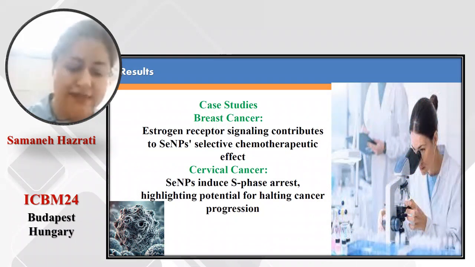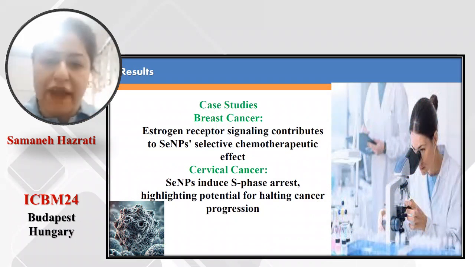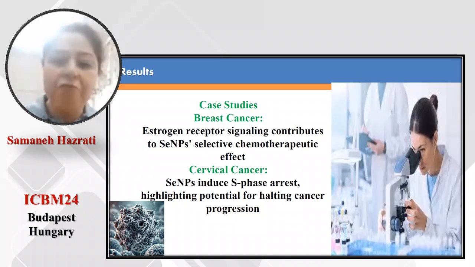And in cervical cancer, they induce cell cycle arrest and effectively block cell division and limit tumor growth. These examples demonstrate the various ways in which selenium nanoparticles can be employed in cancer therapy.